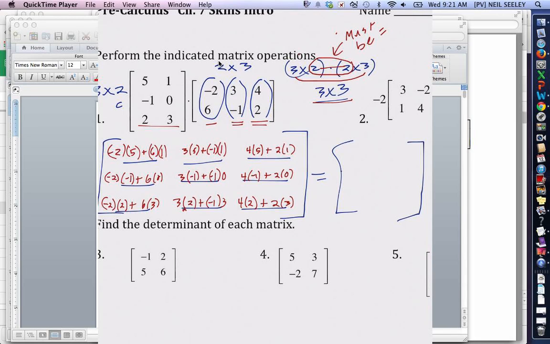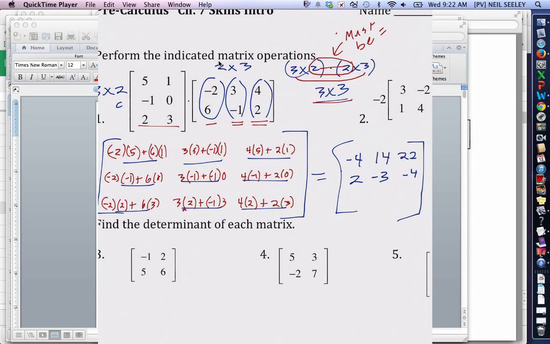So negative 10, that's the 2 times plus 6 is negative 4 for that first value. 15 minus 1 is 14 for that middle top piece. 20 plus 2 is 22. Negative 2 times negative, that's 2 plus 0 is 2 in the middle left. Very center is negative 3 plus 0, so negative 3. The far right, negative 4 plus 0 is negative 4.